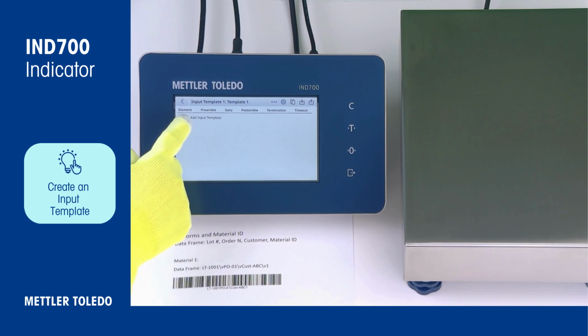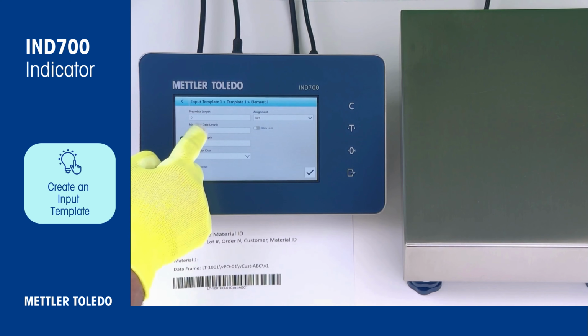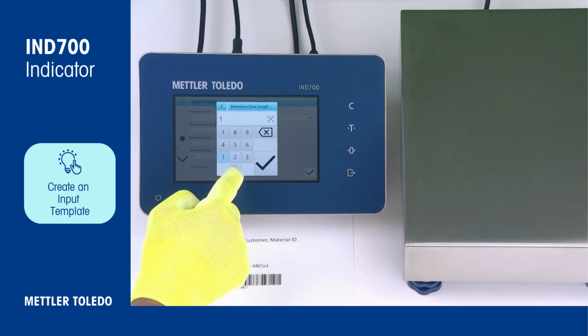Set the parameters of the first data field: preamble, length, postamble, termination character, and assignment.